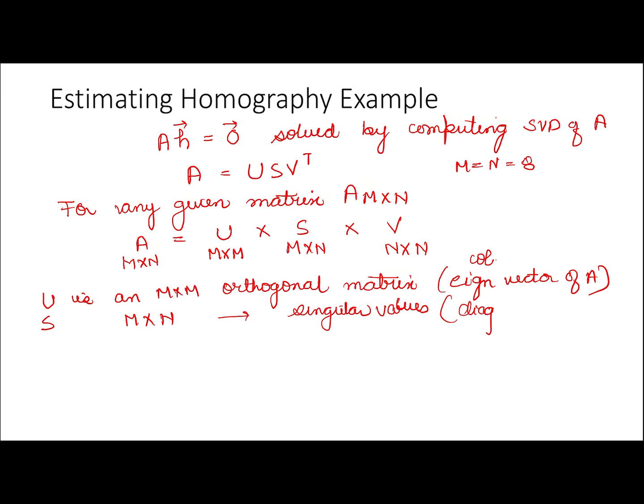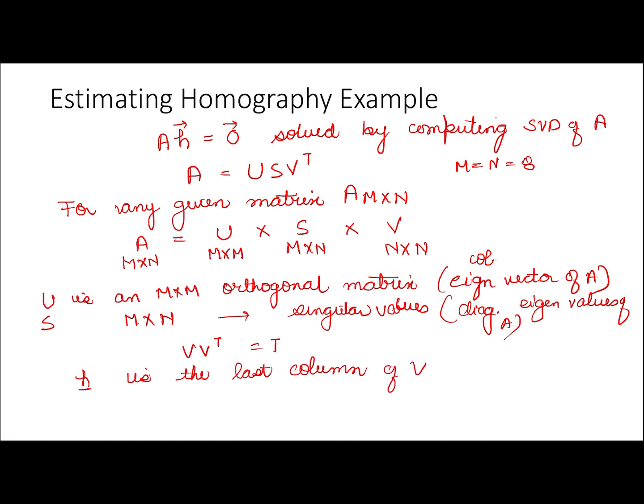Here the diagonal entries are eigenvalues of A. Now this V is an N cross N orthogonal matrix, and the H vector which we want to determine is the last column of V.